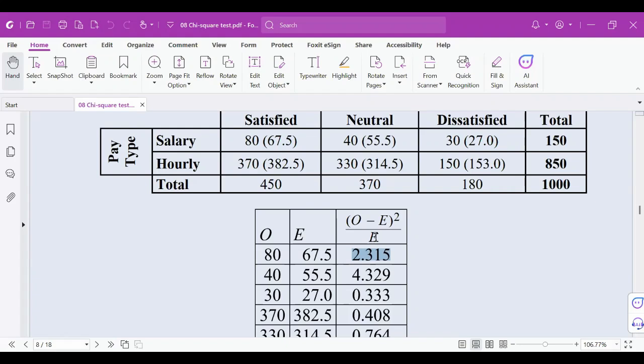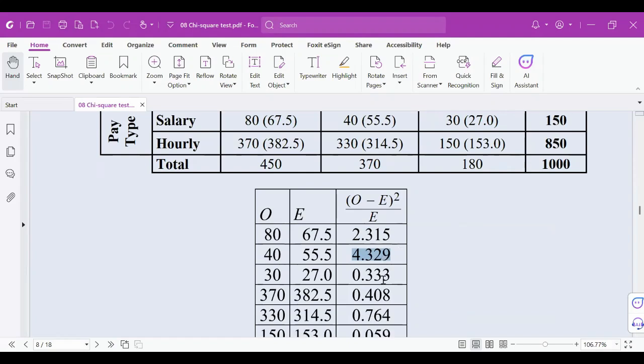That gives 4.329. Good. So that is how I obtain the 4.329 here. Good. So let's check the third one, whether it's correct.